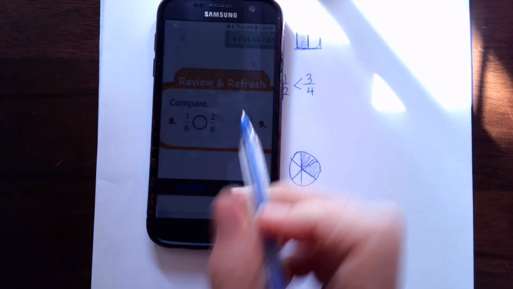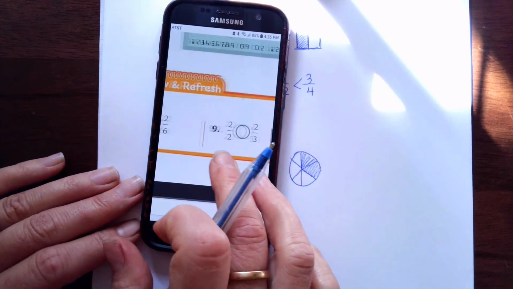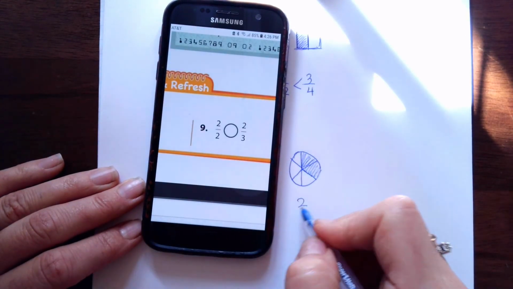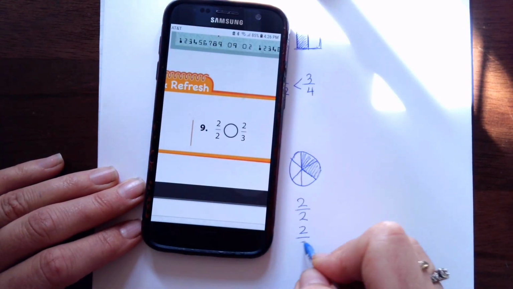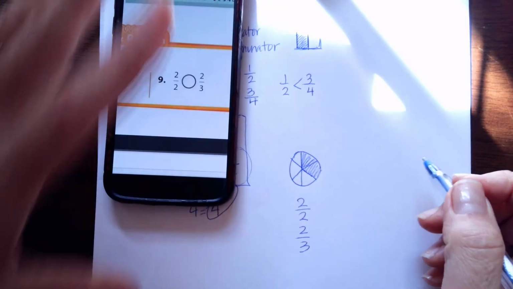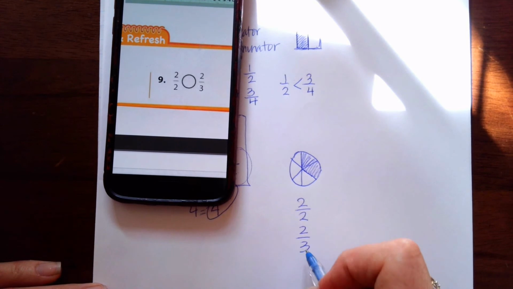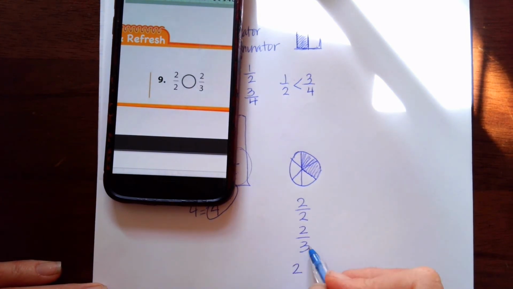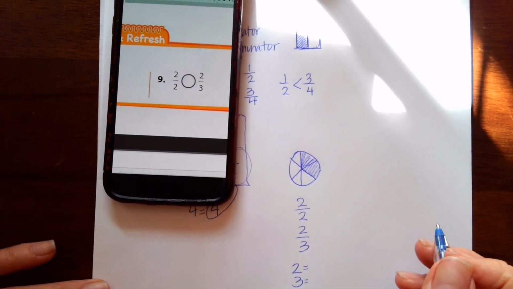Obviously 2 pieces would be bigger. And then for this one, we had 2/2 and 2/3. So if we used the first technique, we would just draw it out. But if we used the second technique, we would rewrite this denominator right here, and we would rewrite this denominator right here, and we would count up until we got to a common number.